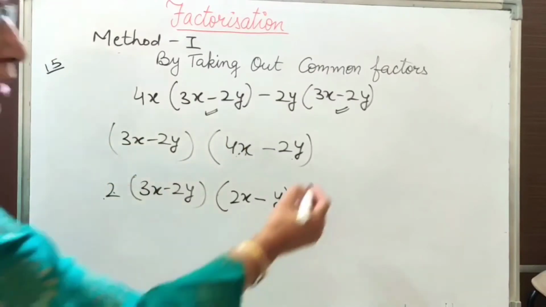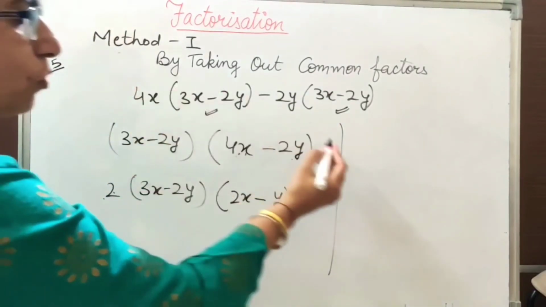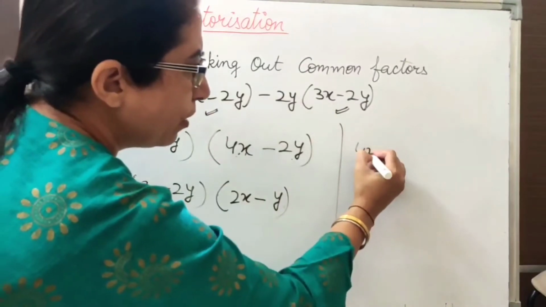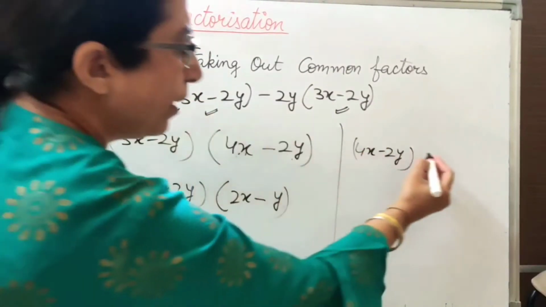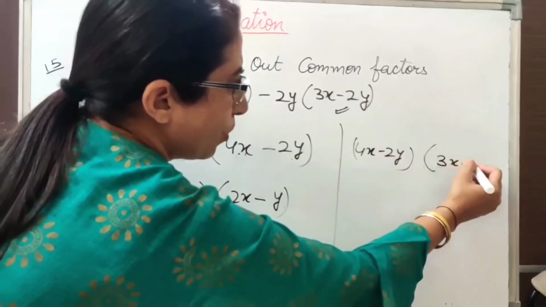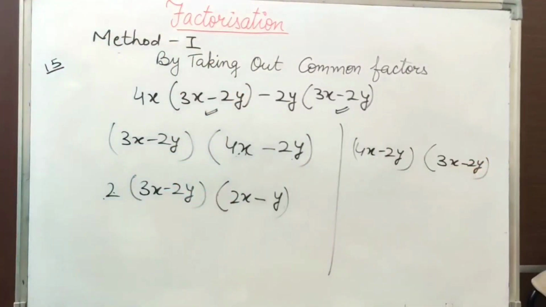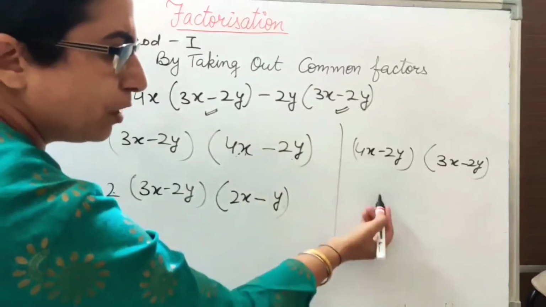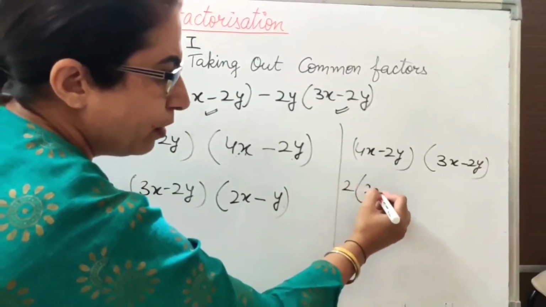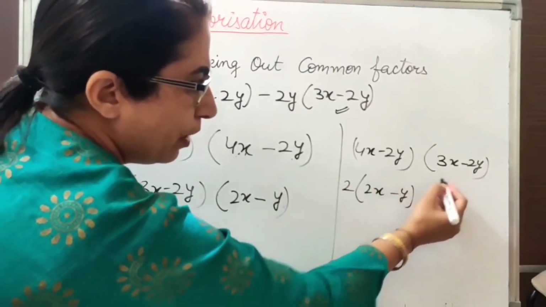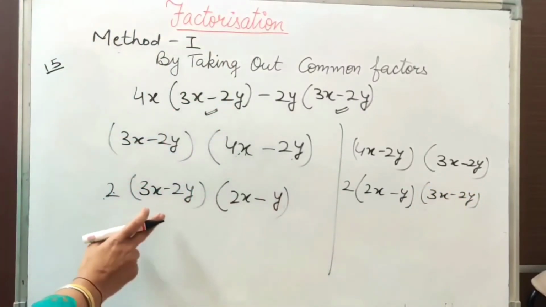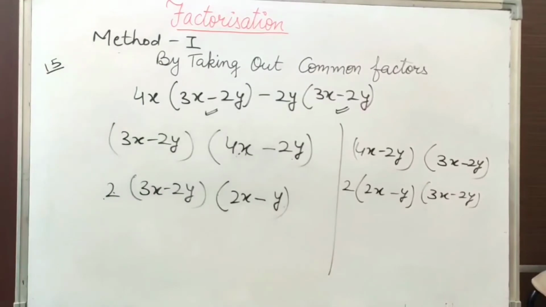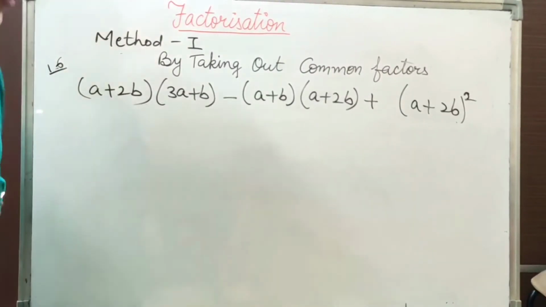You can also write 4x minus 2y in the first bracket, like when we are taking the product, and the common bracket at second place. Now from this bracket again you can take out 2 as common factor. You will get 2x minus y into this bracket. So you can solve this way or this way. These are the factors.